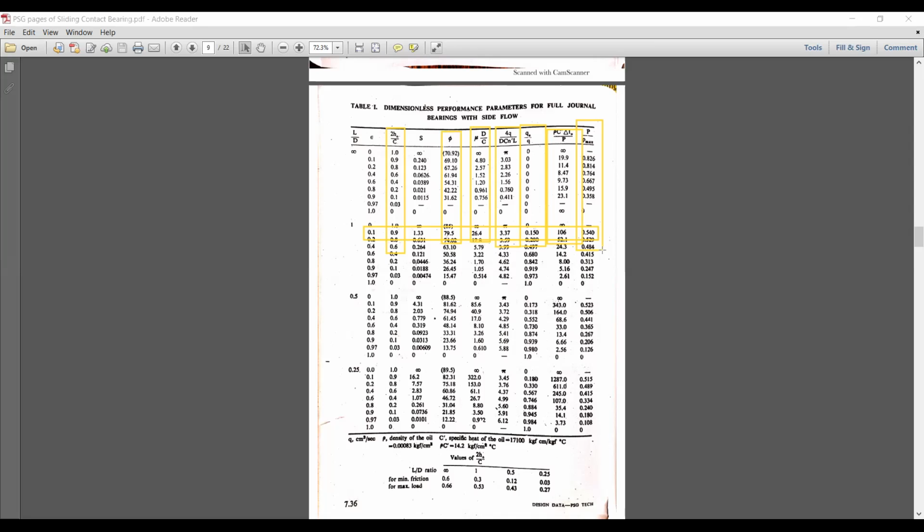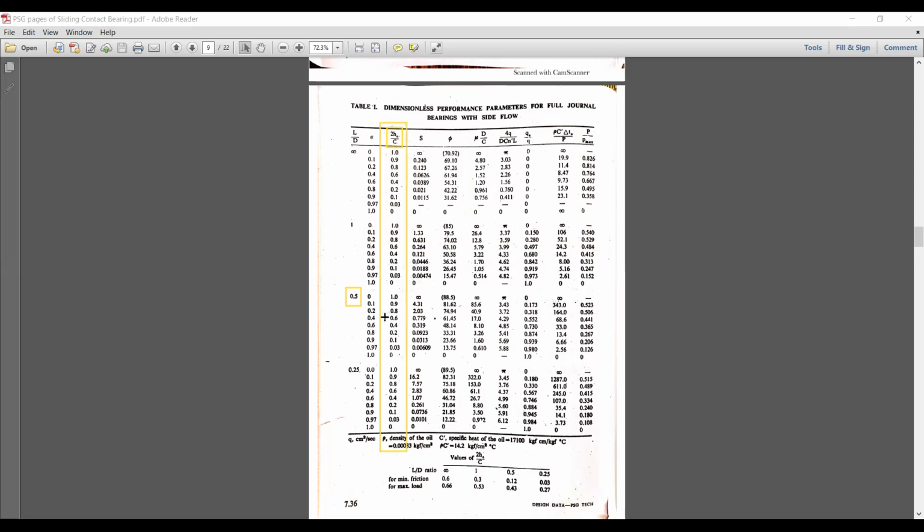अगर एग्जाम में और प्रॉब्लम में आपको अगर मिनिमम ऑयल फिल्म थिकनेस एंड डायमेट्रिक क्लियरेंस दिया रहेगा, then you can first of all calculate 2H0 divided by C and fix the L by D ratio. If it is fixed at 1.5, then you can refer to this column.